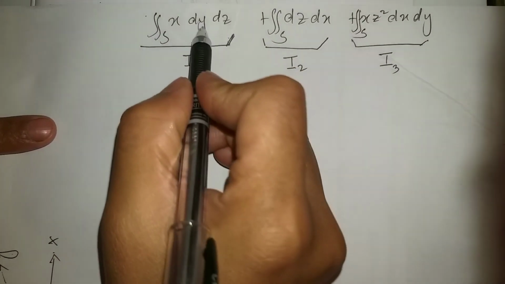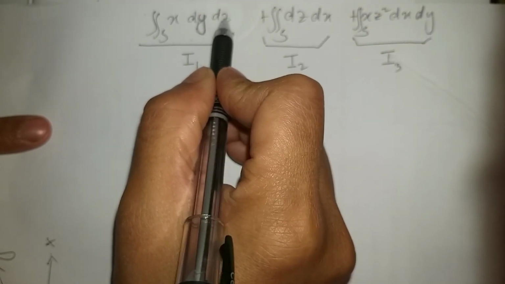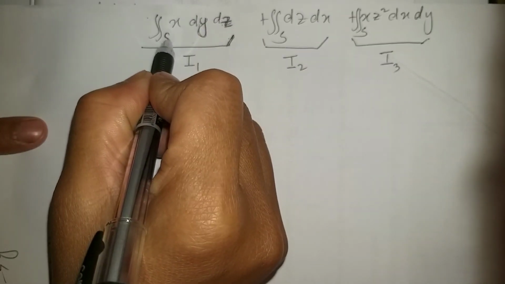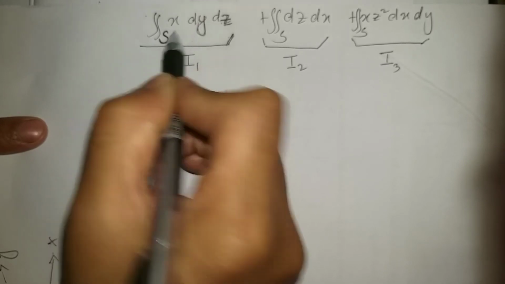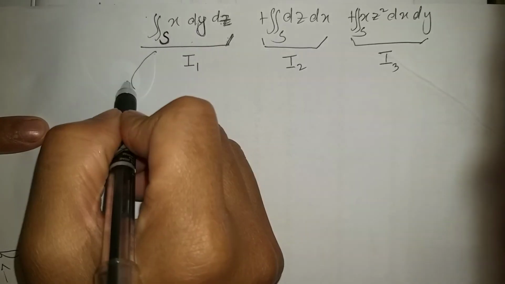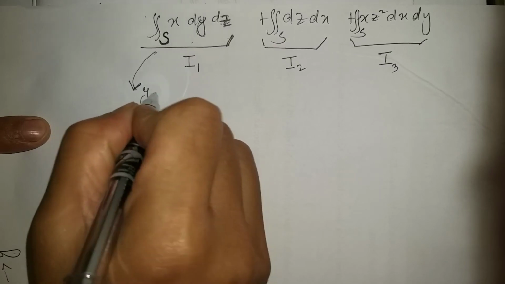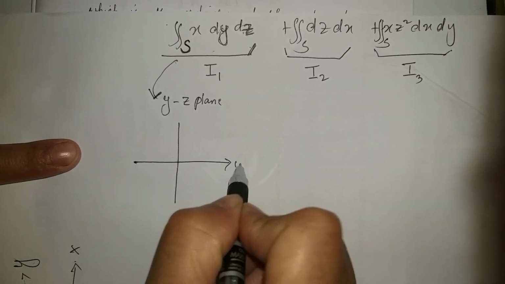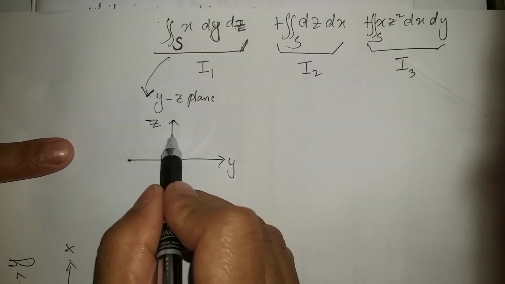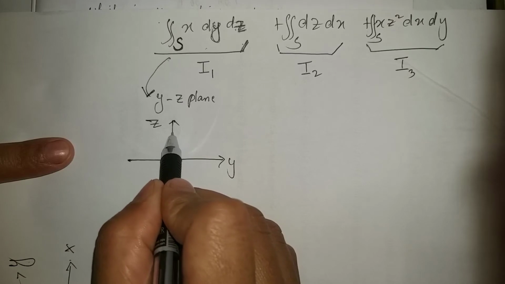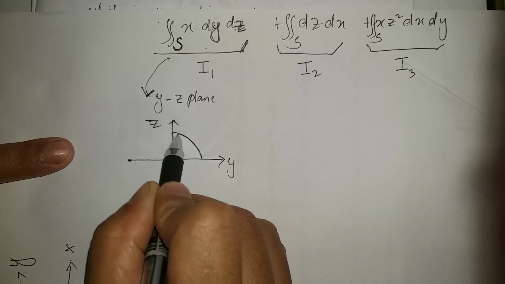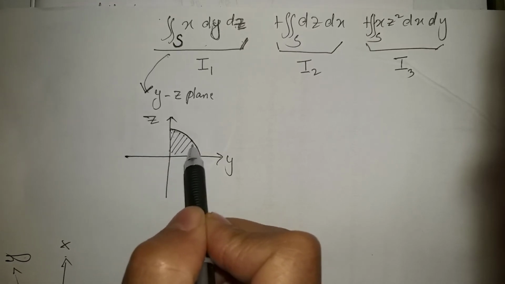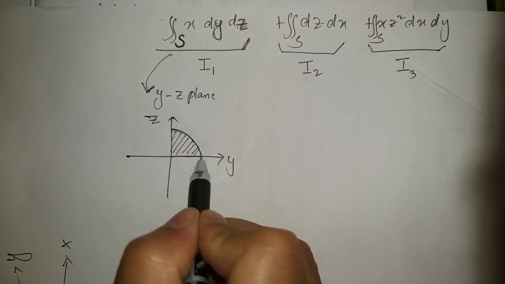In I1, we have y and z. So if we project S on the yz plane, we are going to get a quarter circle of radius 1.